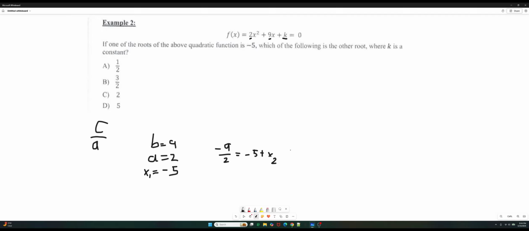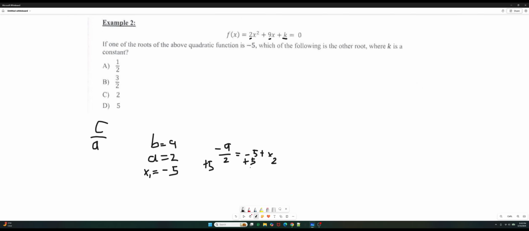So now all we have to do is solve for x2. So we add 5. And if you guys are confused on why I'm adding these two roots, it's because this is supposed to be the sum of roots formula. So -b/a equals x1 plus x2. So that's why we're adding these two roots together.